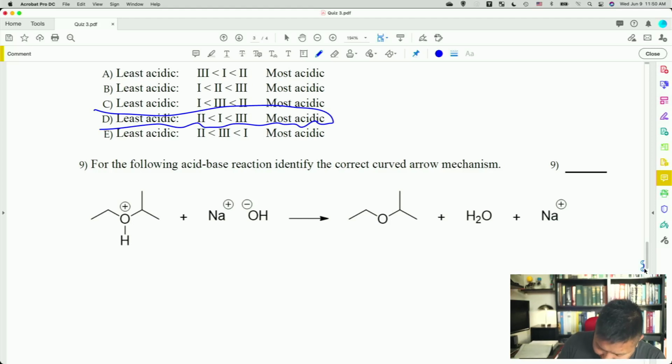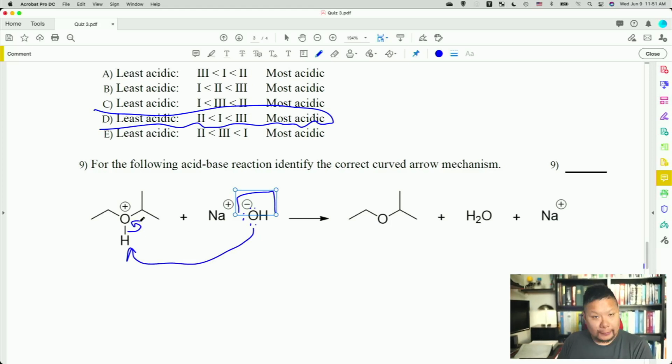Okay, so what's the base here? The base here, the thing that's going to take out the proton, is this hydroxyl group right here, or the hydroxide. It's got 3 lone pairs. These lone pairs come over, pull off that proton, and then the bond between the proton and the oxygen goes up to fill in that oxygen's positive charge.